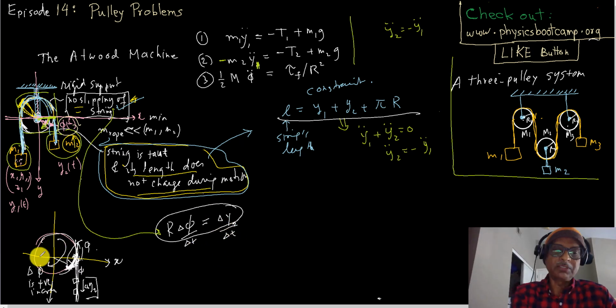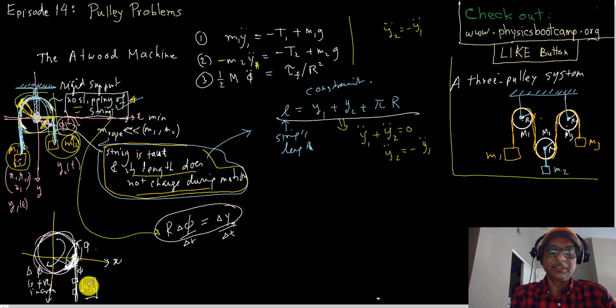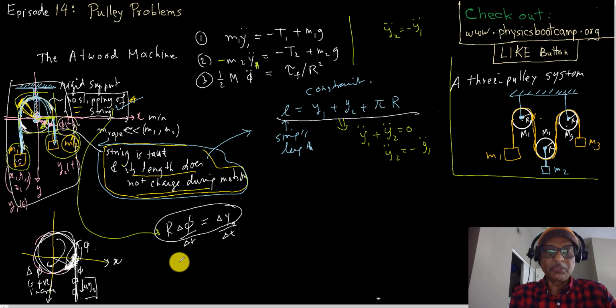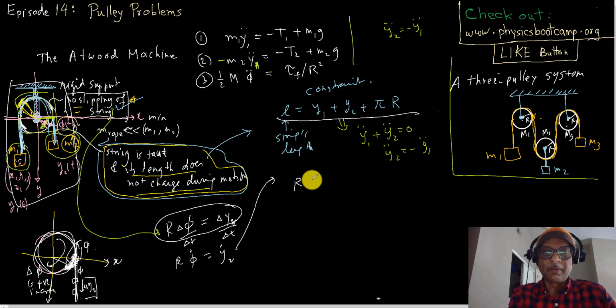So the angular velocity of the wheel times r is equal to the linear velocity of the second mass, the way we have laid this out here. Okay, so this will be r phi dot equals y2 dot, and from here I can say r phi double dot equals y2 double dot equals minus y1 double dot.